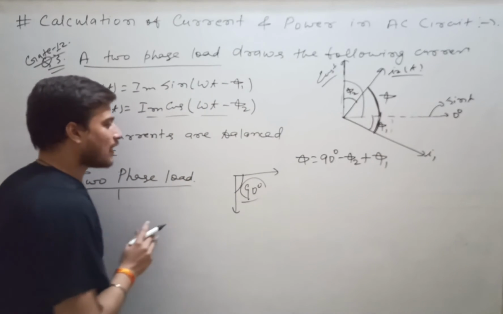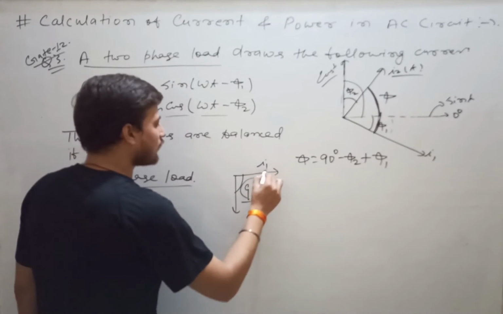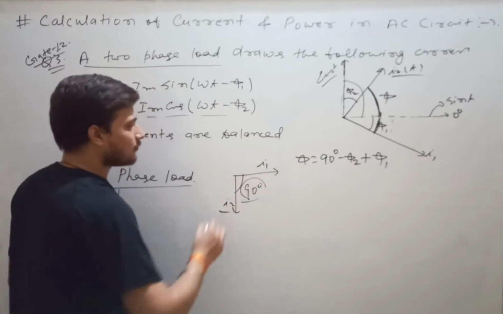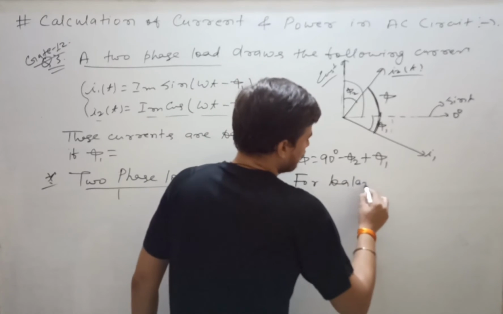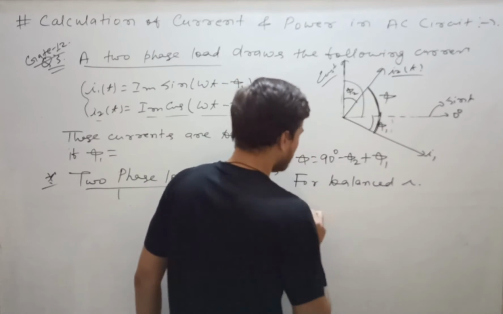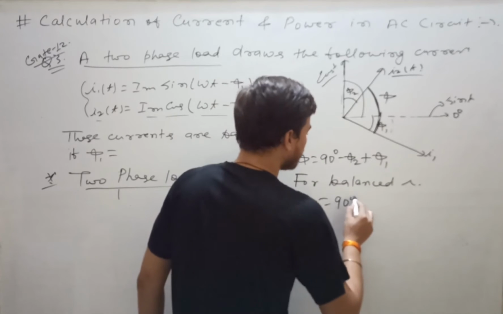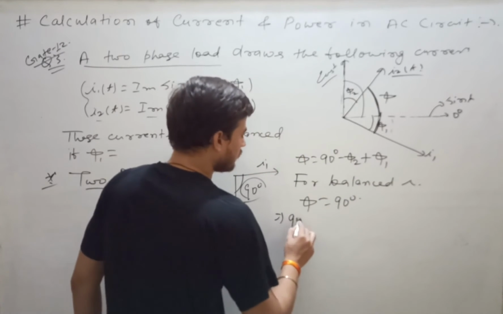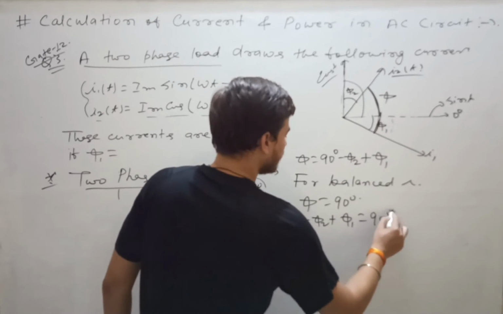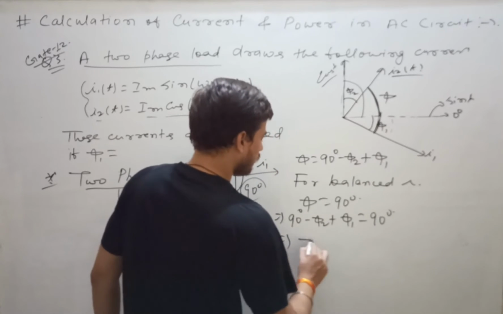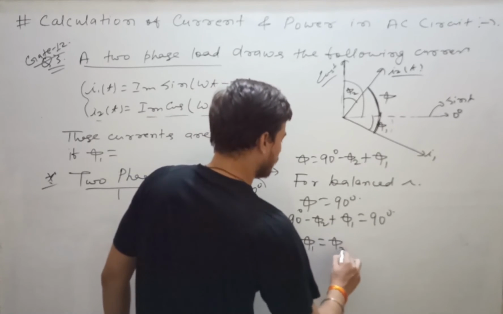This is I1, this is I2. For a balanced system, phi should be equal to 90 degree. That means 90 minus phi2 plus phi1 equal to 90 degree. This implies phi1 should be equal to phi2.